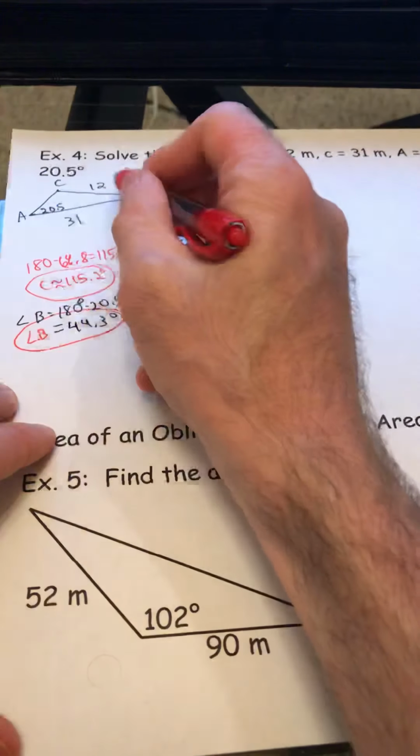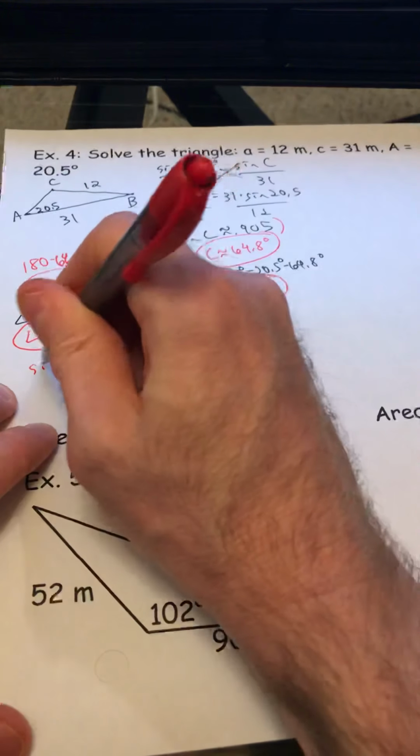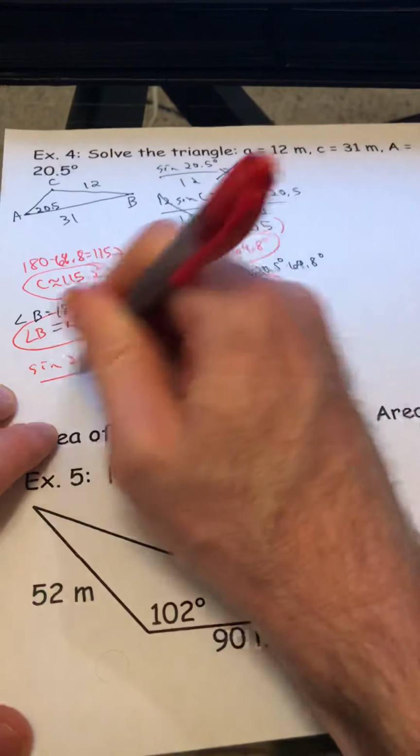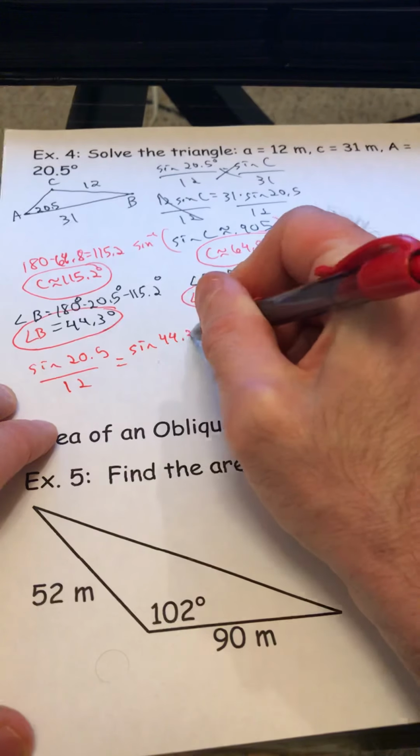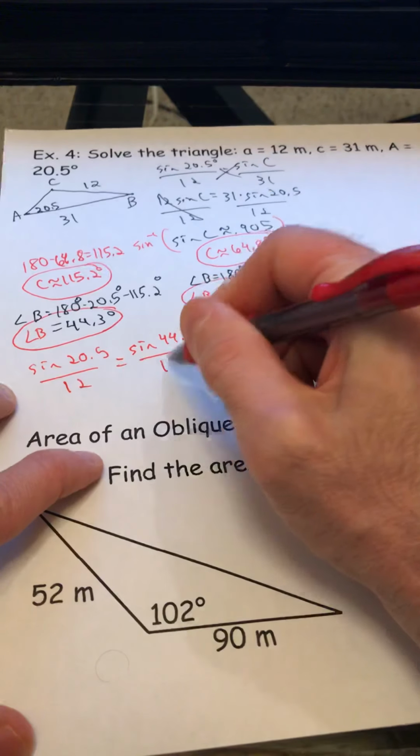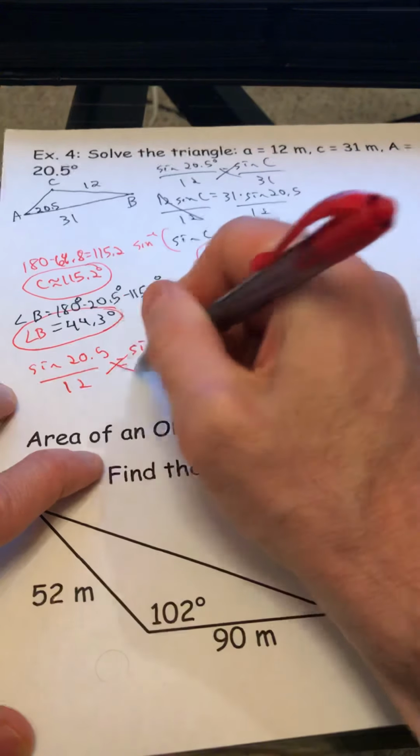So again, use what you were given. Sine 20.5 over 12 equals the sine of 44.3 over b, and then cross multiply.